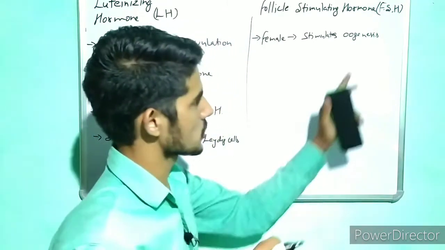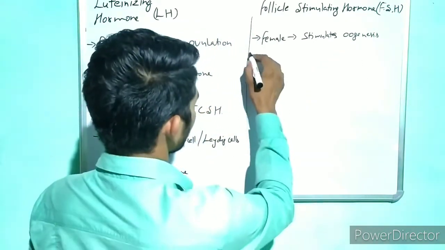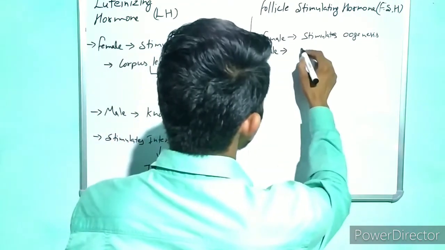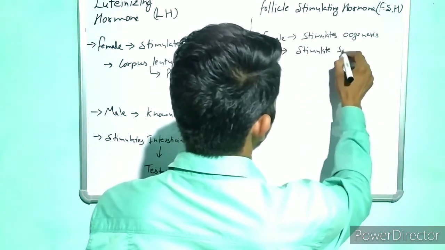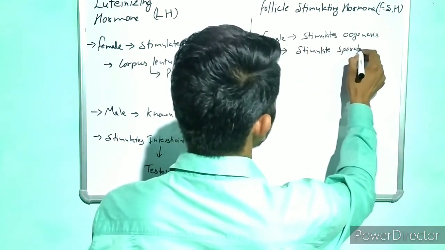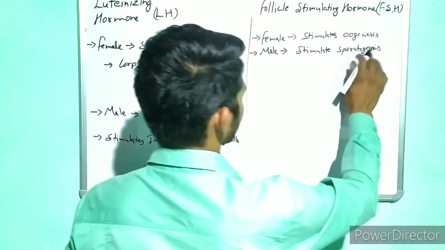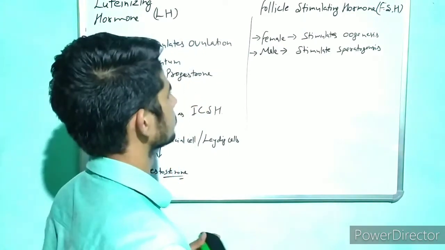Oogenesis means the formation of the ovum or the egg in the ovary of the female. In males it stimulates spermatogenesis. Spermatogenesis is the formation of sperms in the testes of the male.